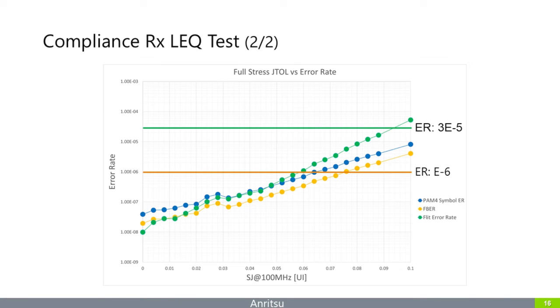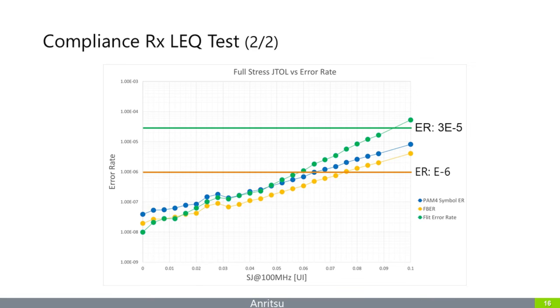The test result is the all three error rates correspond, and up to here 80 milliUI, the FBER is almost E-6, then still retry rate is less than 3E-5.